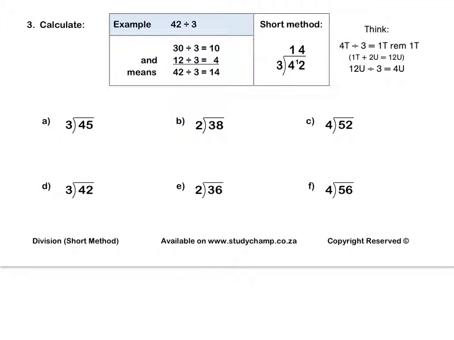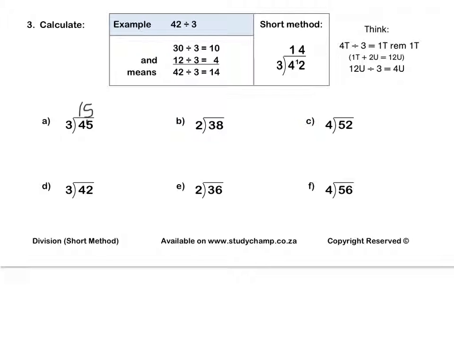Question 3. Our example is 42 divided by 3. 3 fits into 4 once, remainder 1, and 3 fits into 12 4 times. Let's do A together. Get out your pen to do so. 3 fits into 4 once, remainder 1, and 3 fits into 15 5 times.